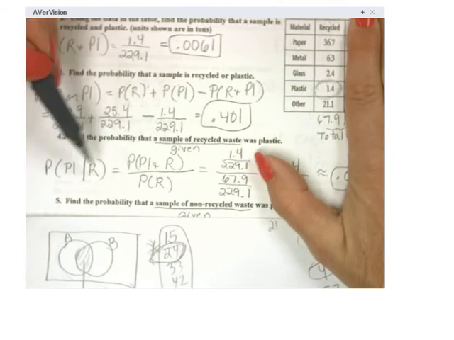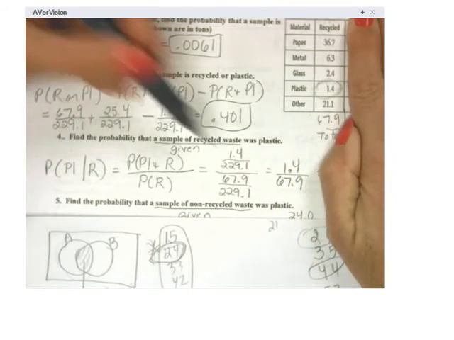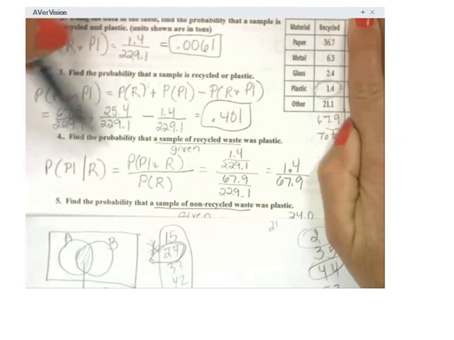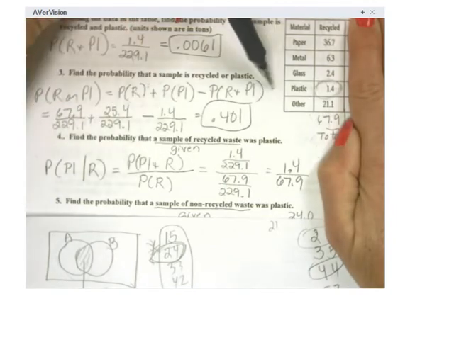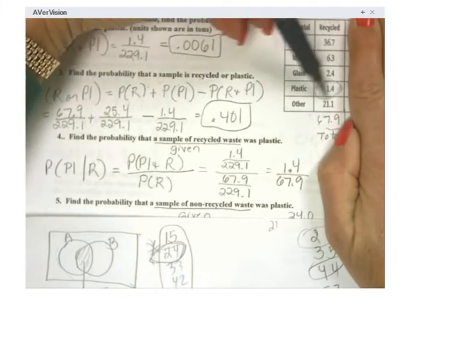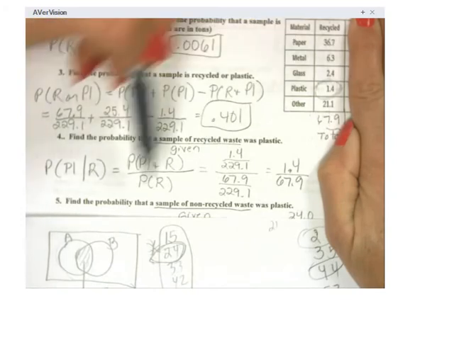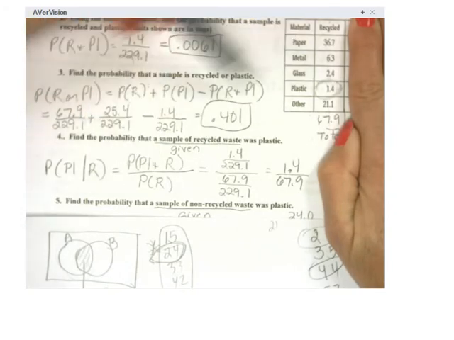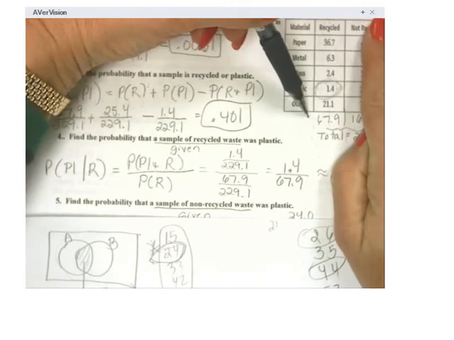And so again, I could find this in terms of probability. I'm going to find the probability of both recycled and plastic, out of my total, and then my probability of recycled, which is the 67.9 out of the total.